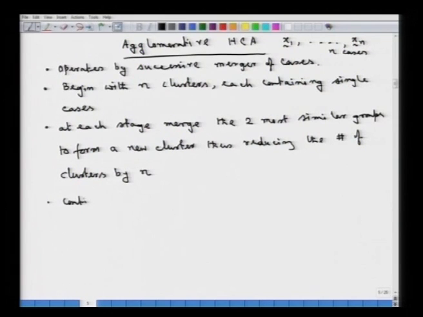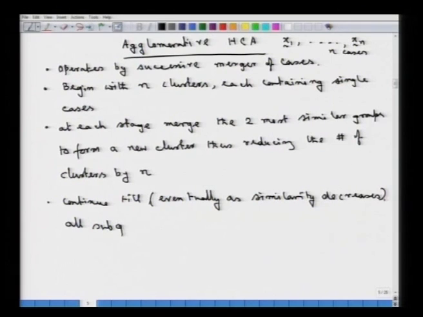Continue this process, continue till eventually, as similarity decreases, all subgroups are fused together to form one single cluster, right.